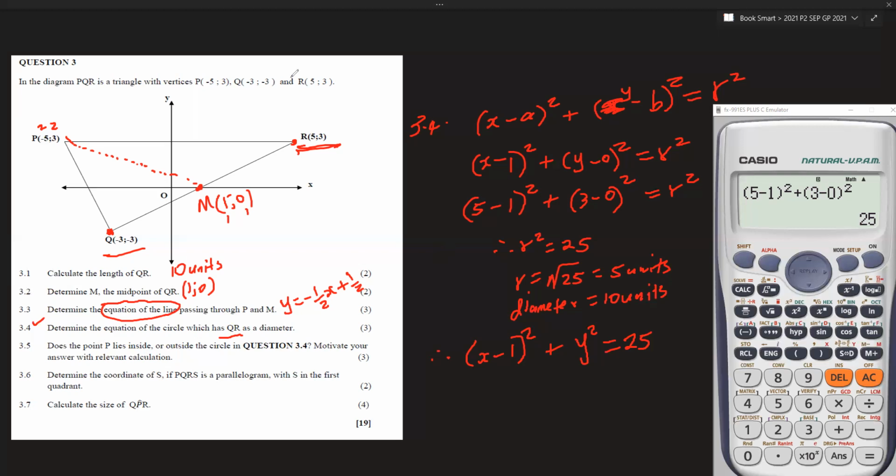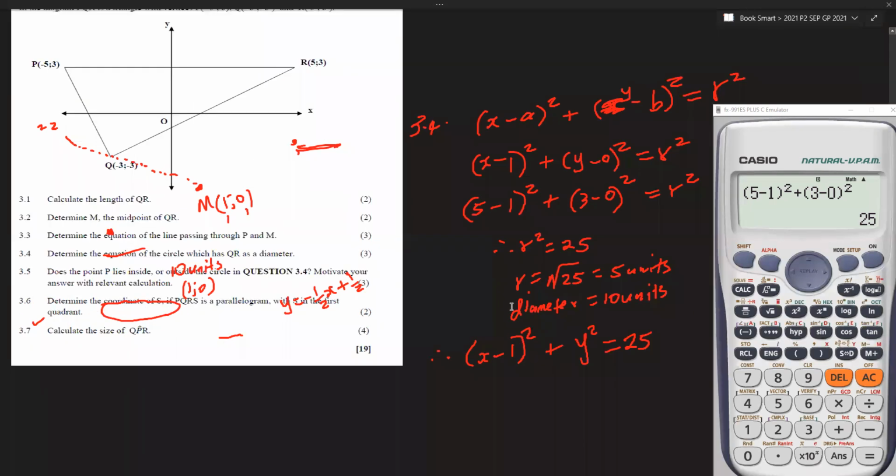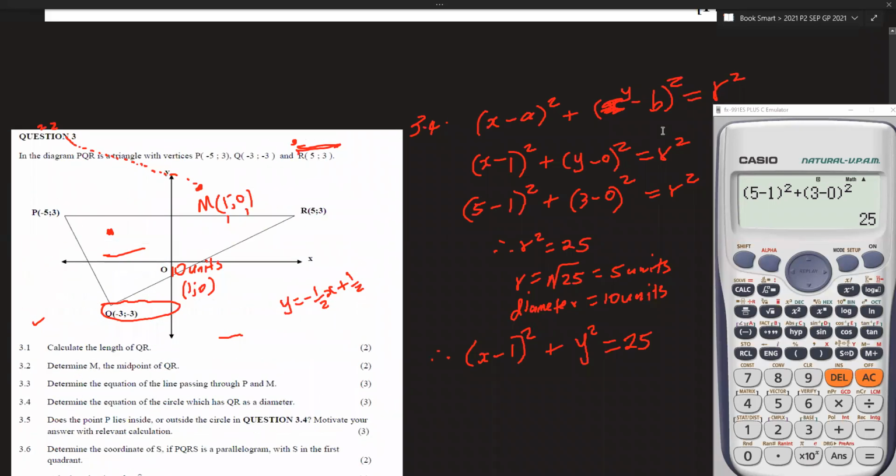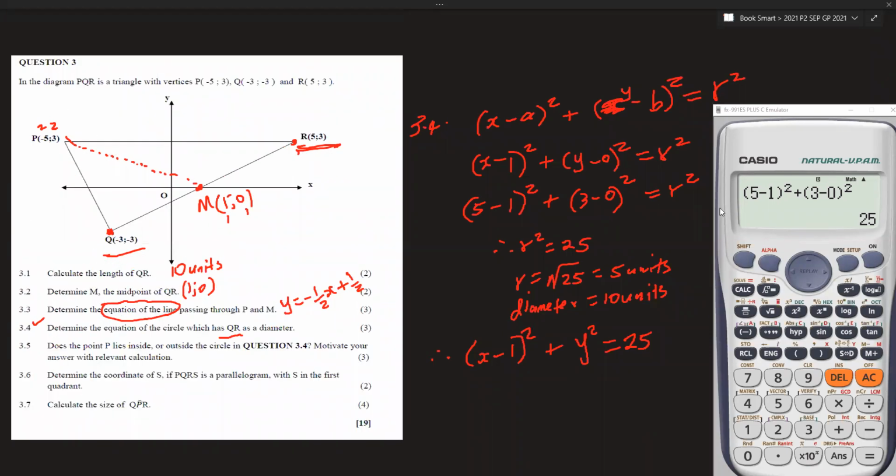Let me get the mouse and create space here. Let me write my formula here before we erase. So we have x minus 1 squared plus y squared equals 25.